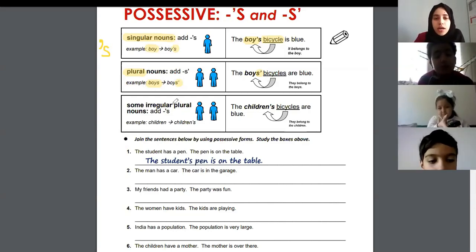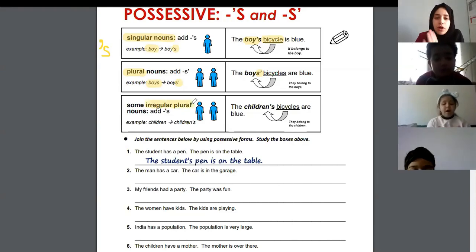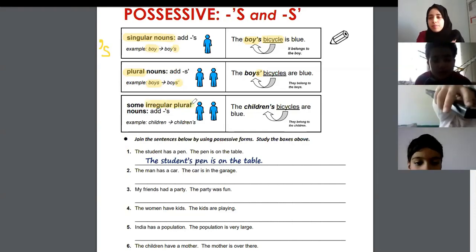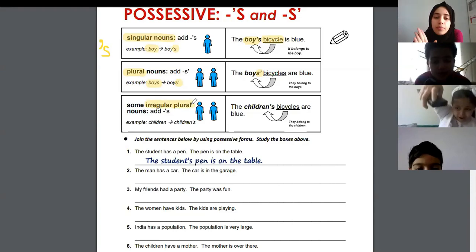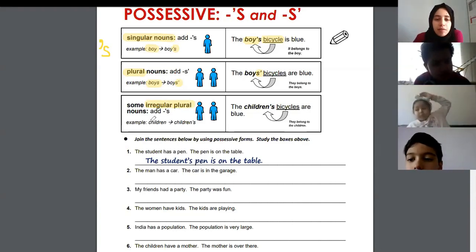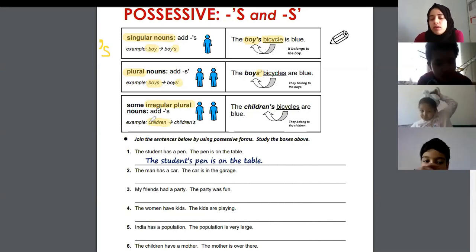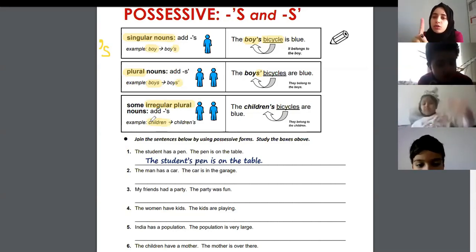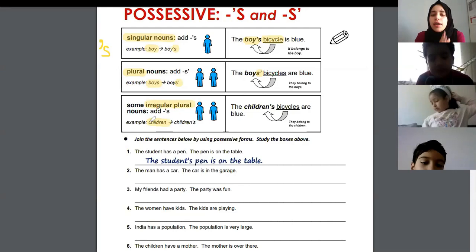Irregular plural nouns, this will not come in the test because it wasn't in your book, but for your information, if something in a group like child is singular, but the plural is not childs, it's children.